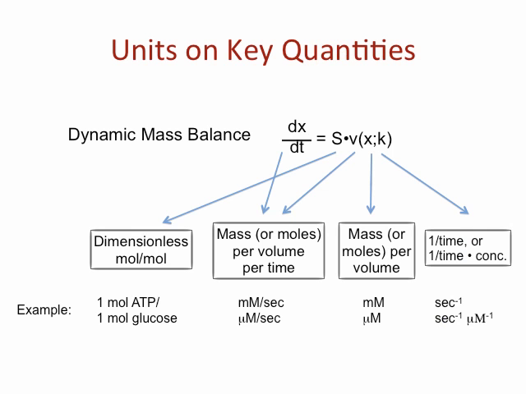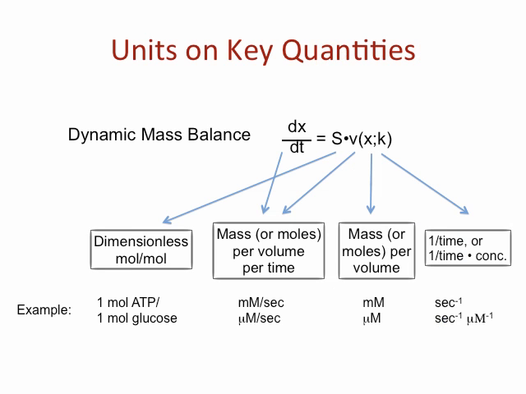Let's briefly review the dimensions of these quantities. First, the stoichiometric matrix is dimensionless. All the stoichiometric coefficients have no dimensions. The time derivative of the concentrations will have the concentration, which is normally moles per volume, in the numerator and time in the denominator. So this will be in terms of mass per volume per time or moles per volume per time, depending on the application.